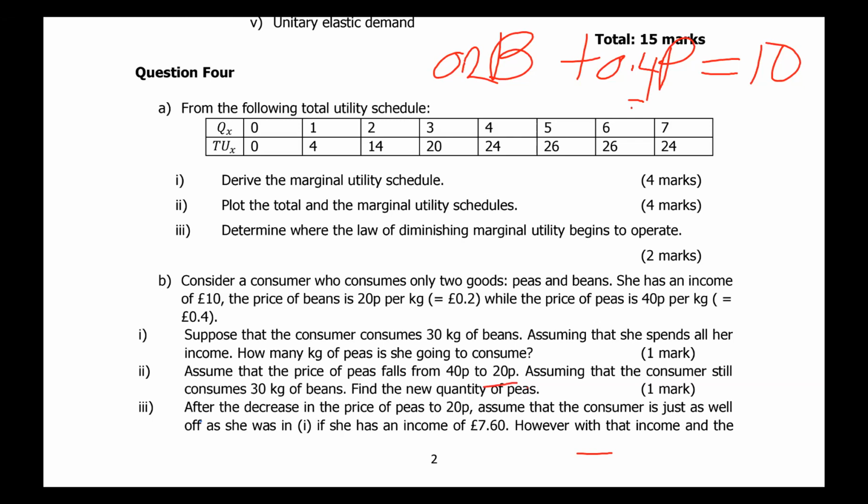So our new equation will be 0.2B plus, here it will no longer be 0.4, it will be 0.2P, equal to income 10, right? Our income is 10. This is our new equation.